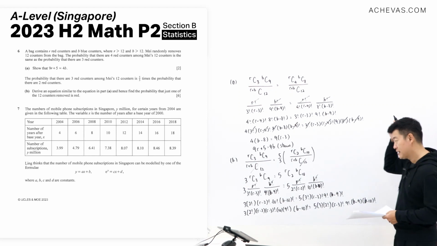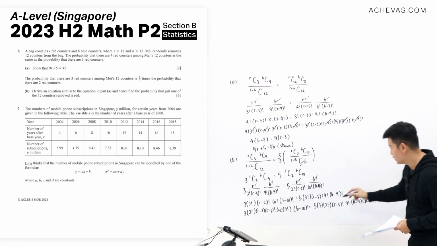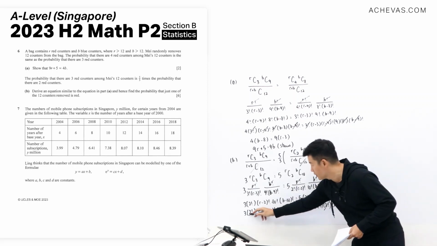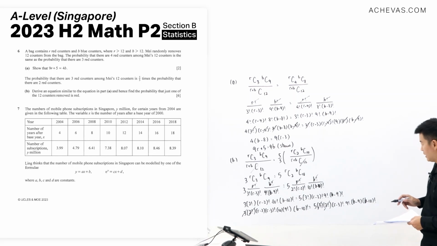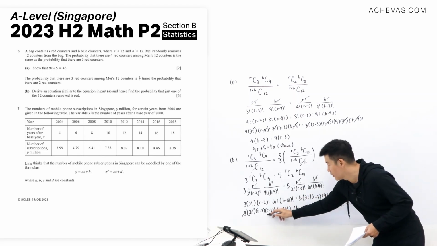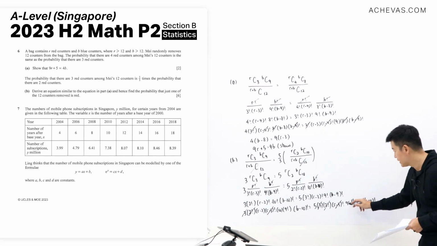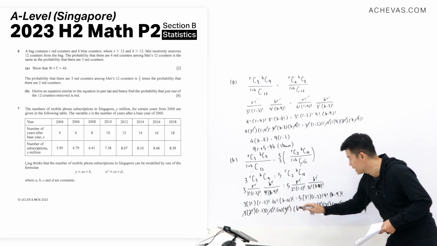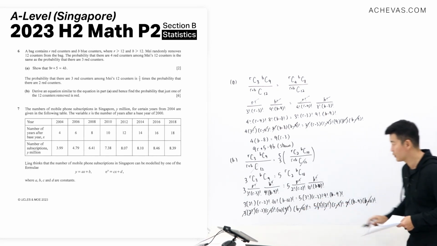Okay, so based on this, let's try to do some cancellations. So we are seeing the 2 factorial being cancelled. In fact, this 3 and this 3, they can also be cancelled. Then we are going to cancel r minus 3 factorial. And then this 9 factorial, we are also going to be cancelling them. Then b minus 10 factorial, we will also cancel.